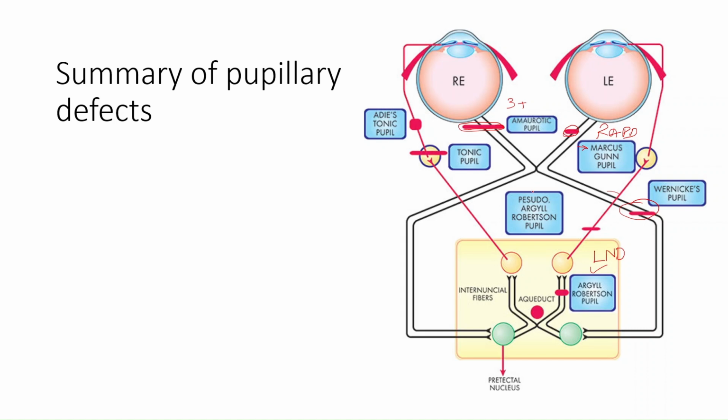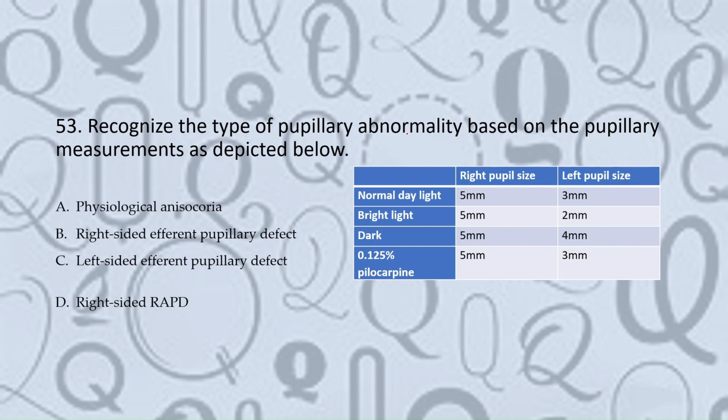In aberrant regeneration of the third nerve, you can get a pseudo Argyll Robertson pupil. Damage to the ciliary ganglion can give you a tonic pupil or Adie's syndrome, in which the pupil refuses to constrict and the light and near reflex are absent.